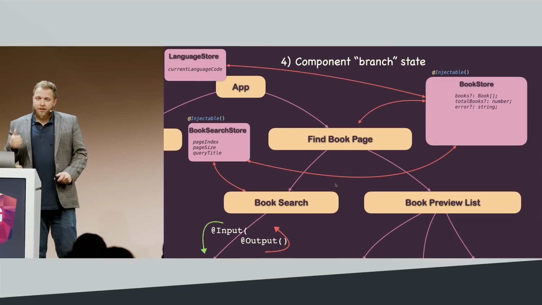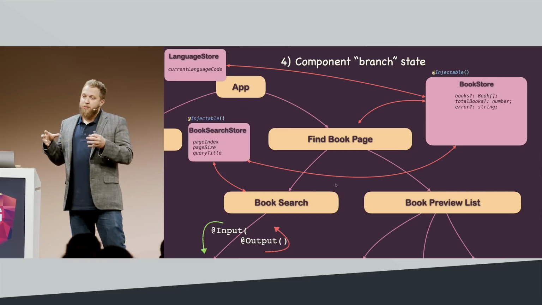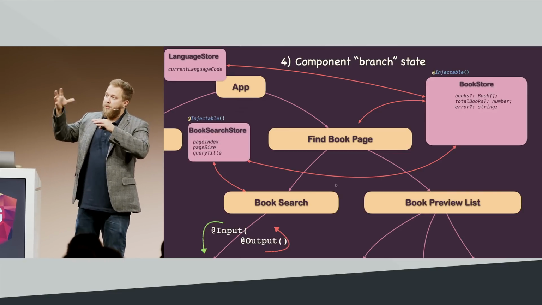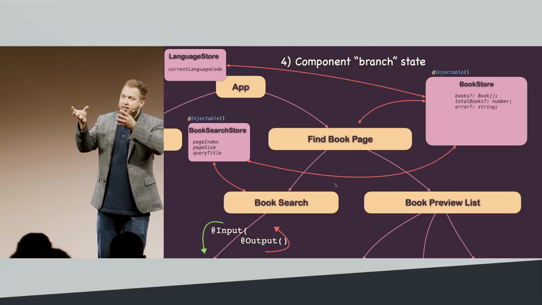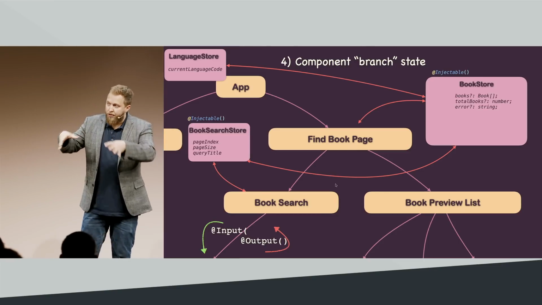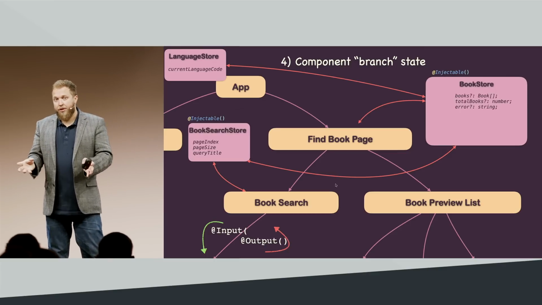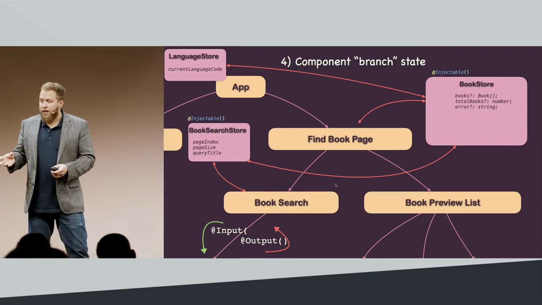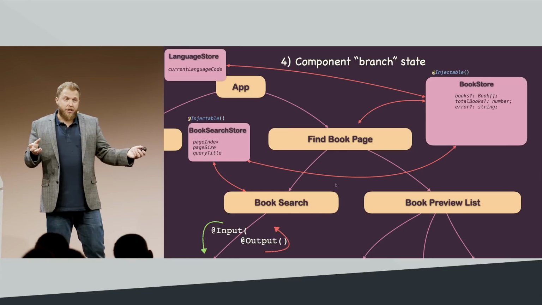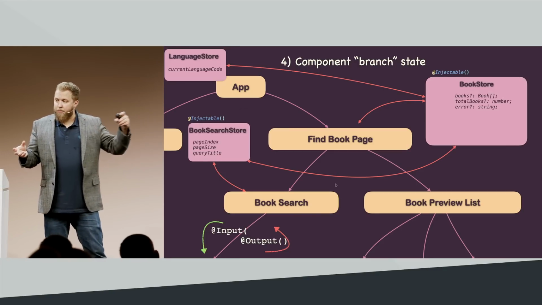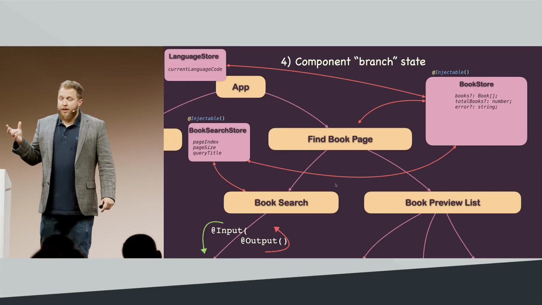The last type of the store is a component branch state. This is the one where you define that component store on one node, and that state would be used further down in the tree as well, like in the nodes further down in the tree. For example, in the bookstore example here, the find book page is using it, but also the book search store is injecting it, and it talks to the bookstore already.